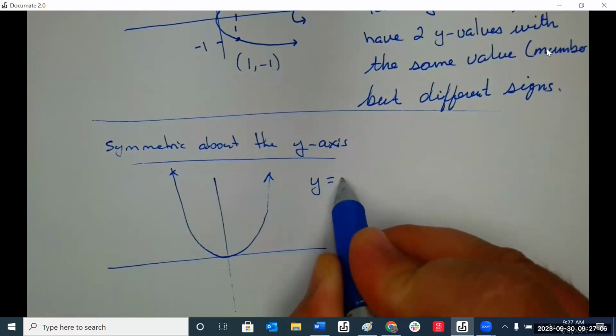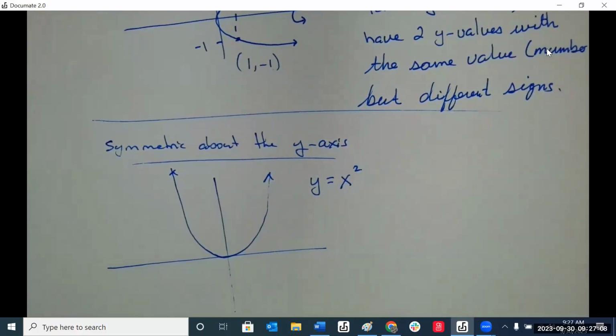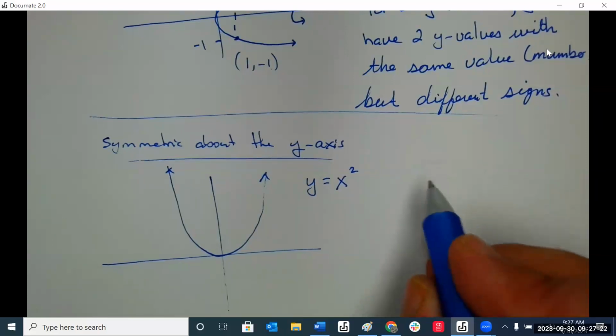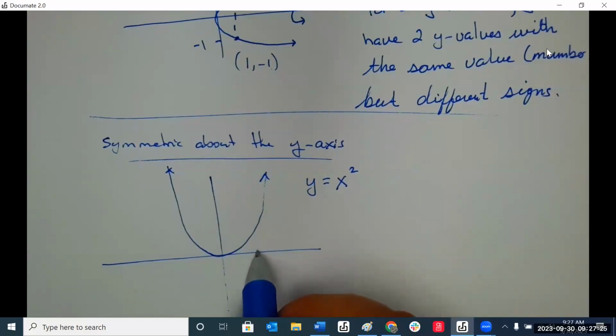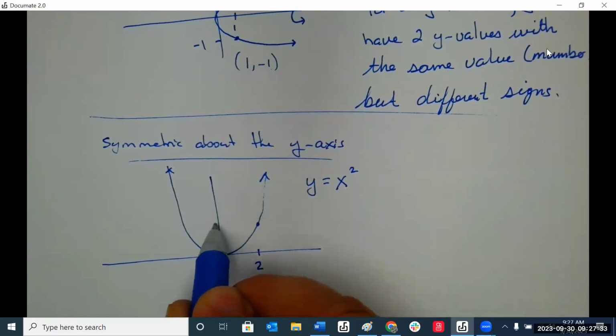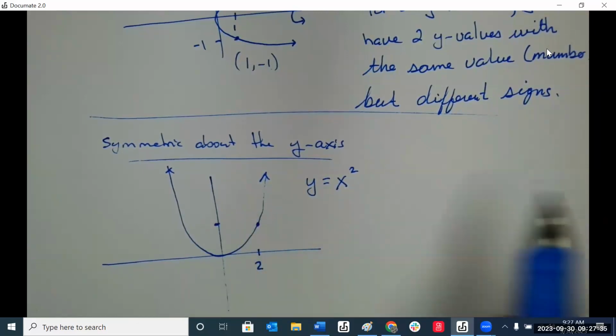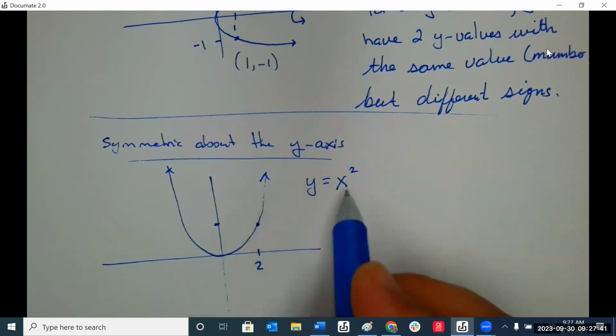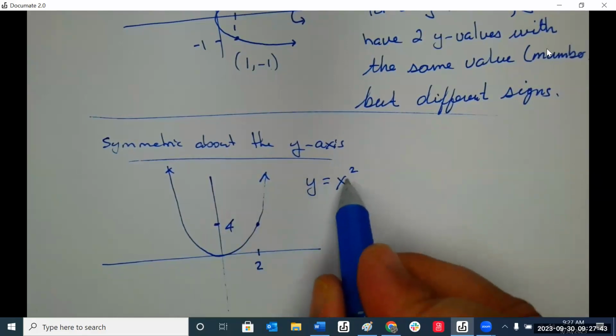This is the equation y equals x squared. When x is 2, what is y? 4, because I squared.